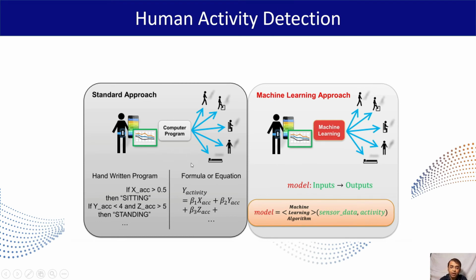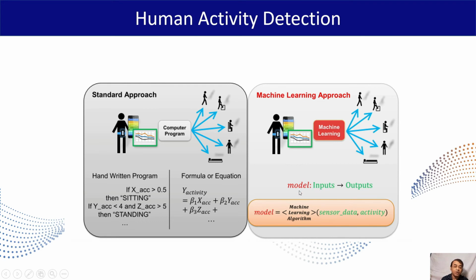That means if you use the conventional approach, writing a conventional program in Java or C or C++, you try to guess whether you are sitting, standing or walking. You have to write if-else conditions, give the different threshold values, and then predict all these things based on some standard formulas. But if you use the machine learning approach, guys, you can see here is the machine learning model.